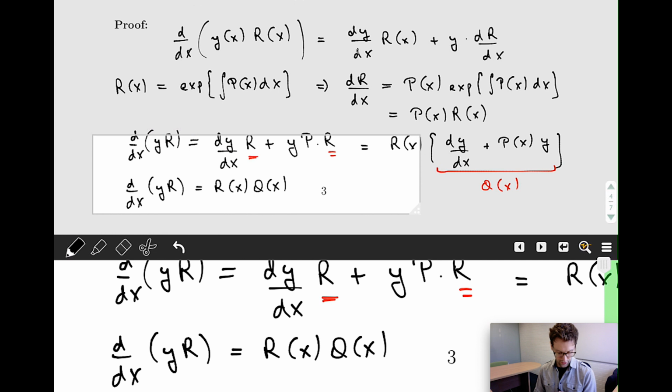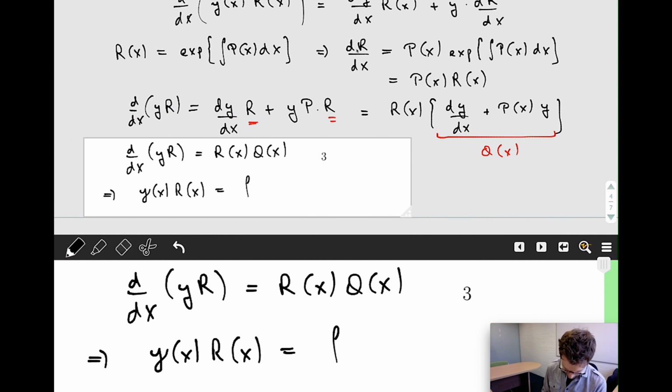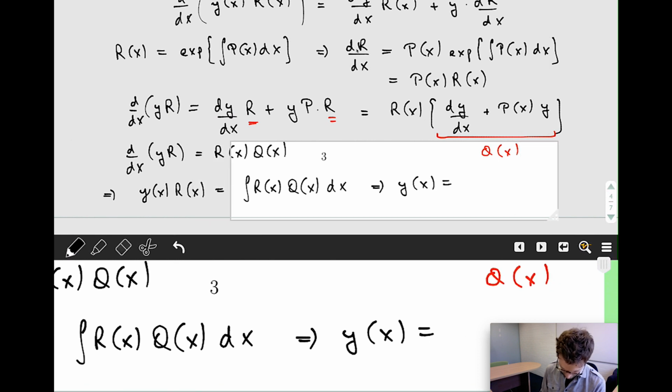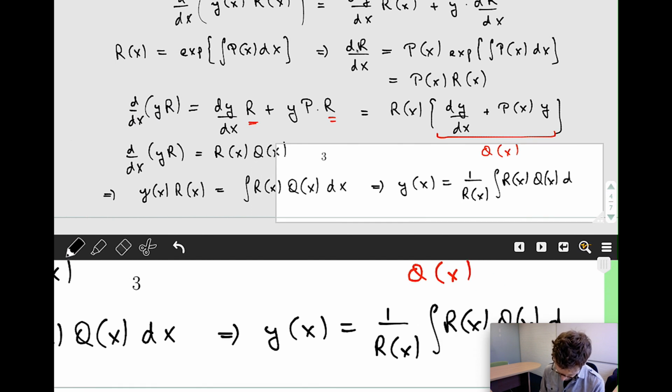Now I have an equation that I can integrate to give me y of x times r of x is equal to the integral of r times q, and if I divide by r, I get the solution for y of x. Which is exactly the expression that we gave in the formula.